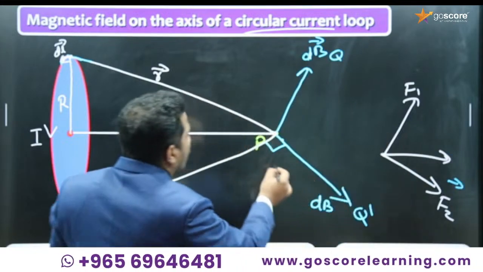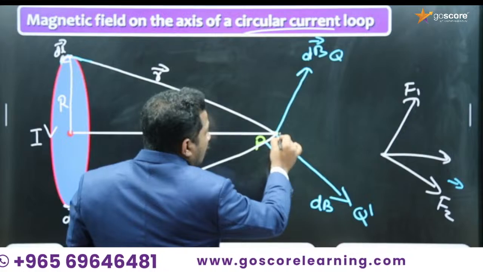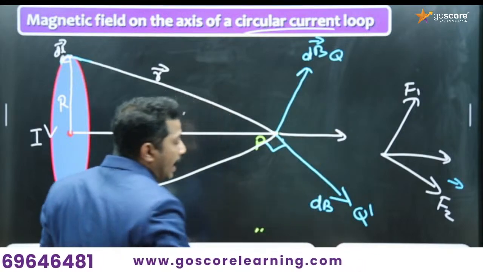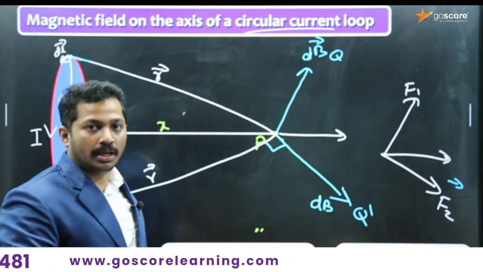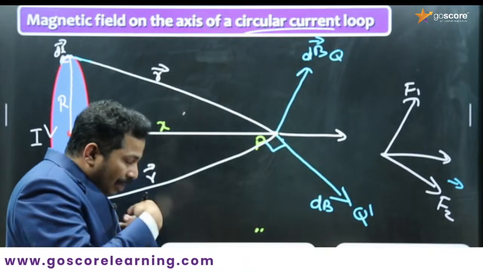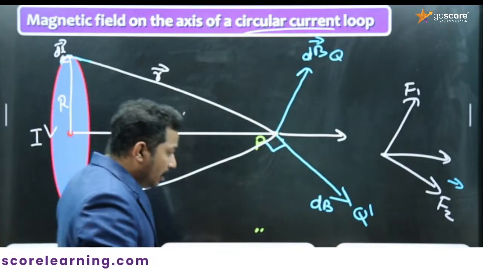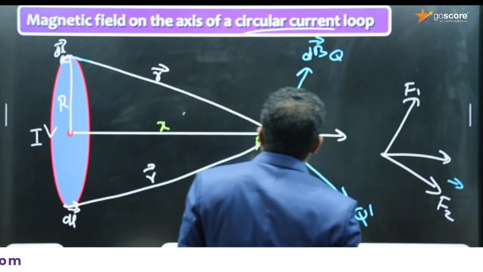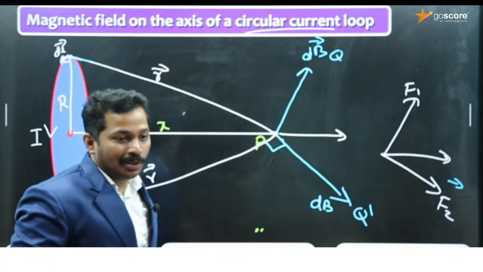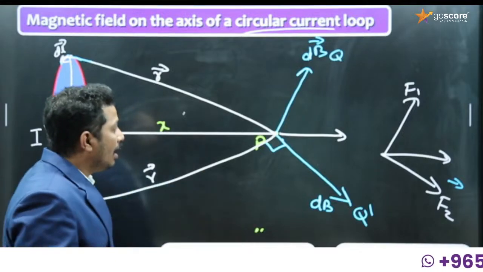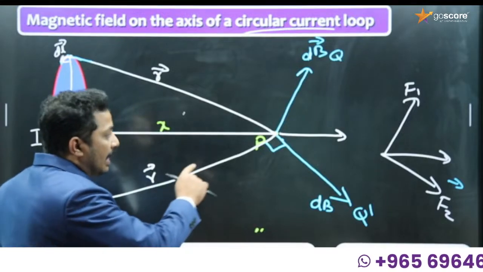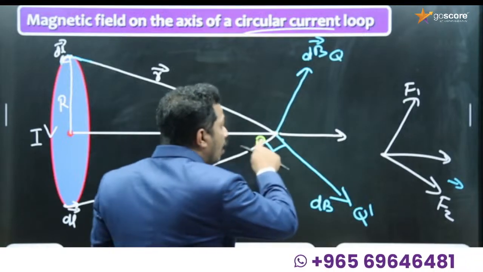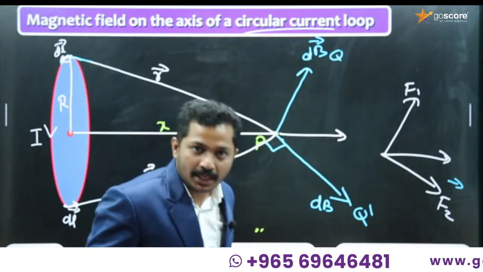So we can simply say that the resultant magnetic field will be along the axis. Yes or no? Along the axis. We can say it simply like that, but to make it proper physics, we can go for some mathematics also. Some geometrical identity should be applied, and then we can show that the direction of resultant magnetic field is along the axis. Is that okay?